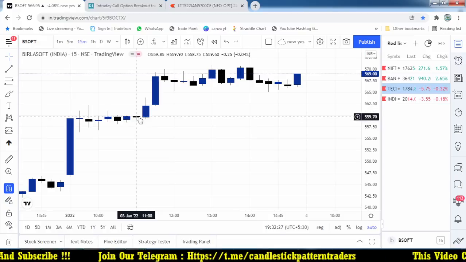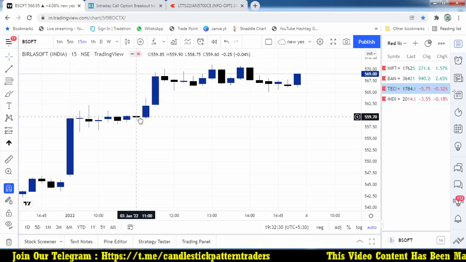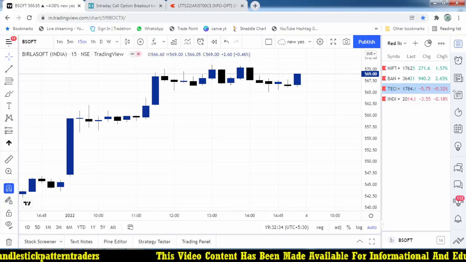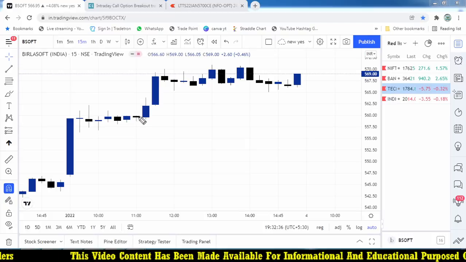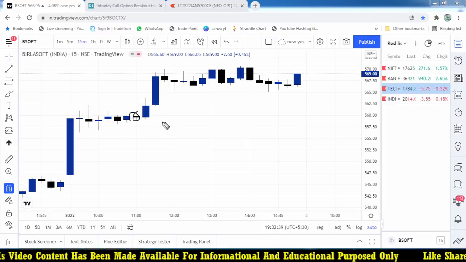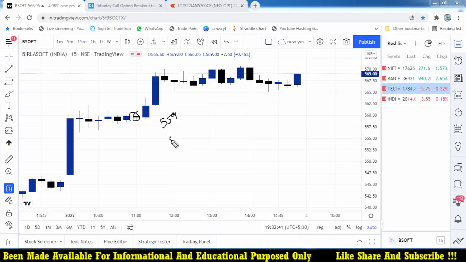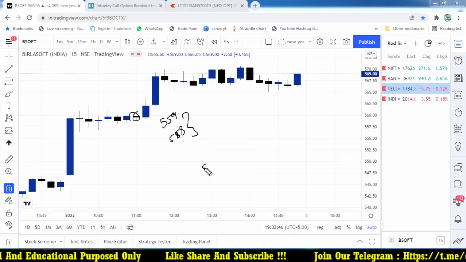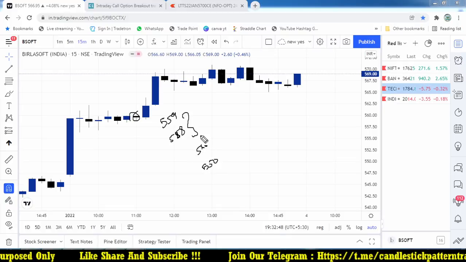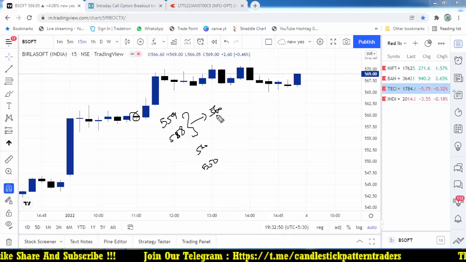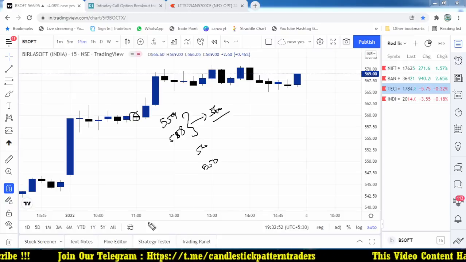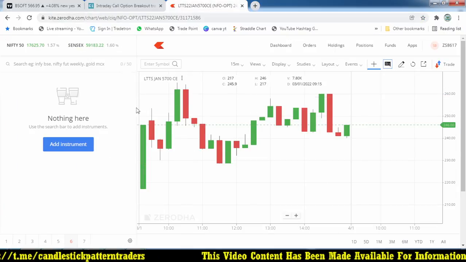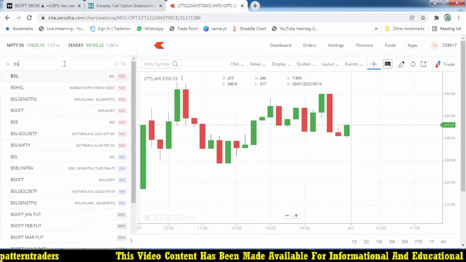Let me see what strike price we are going to take, either 560 or 550. The price at this particular time is nearby 559 to 558, so the nearest level we can select is 550 or 560. The nearest is 560. So we can go for a 560 call option because this stock was scanned for bullish. So let me try the 560 call option of Bsoft.